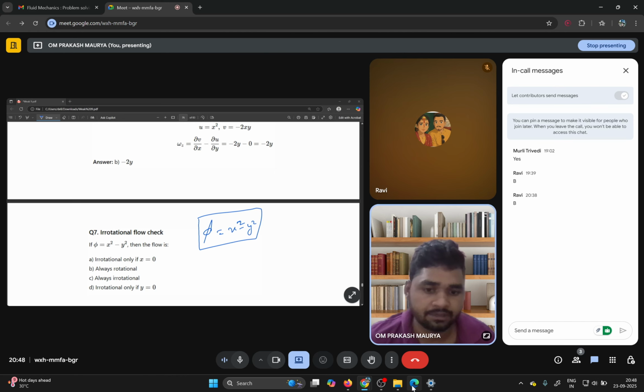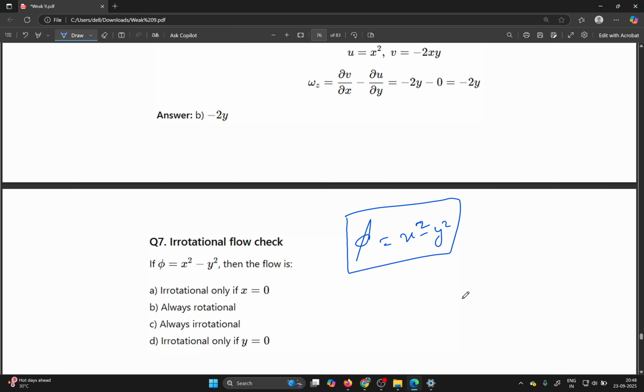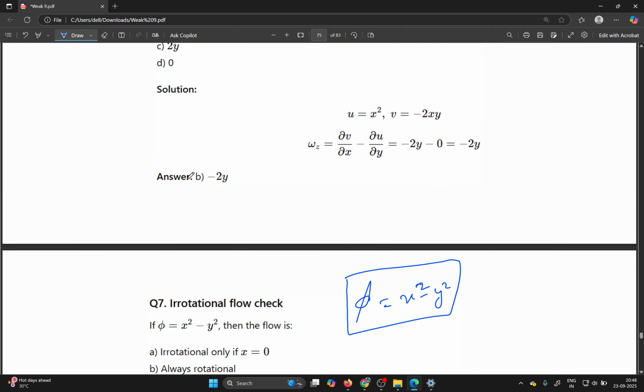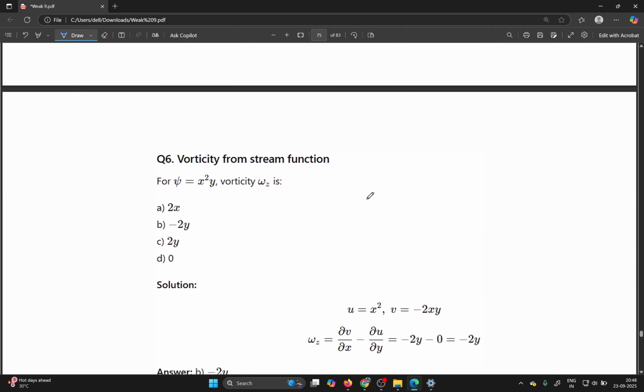Okay, so let us discuss. So here you have to check the irrotationality. So how you will check irrotationality? Whether this potential function follows or not. For checking the irrotationality, you have the same equation and same concept that we have discussed.